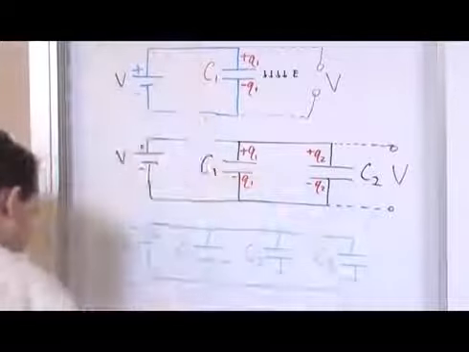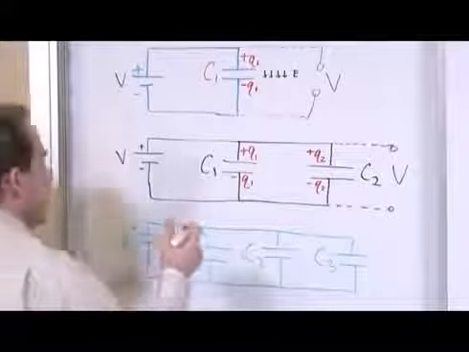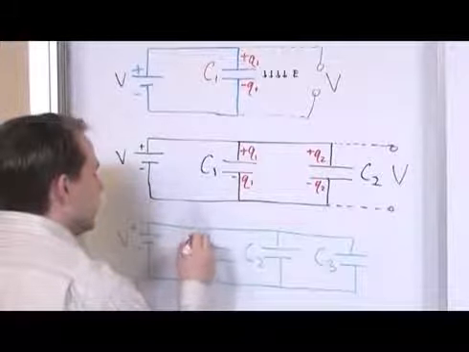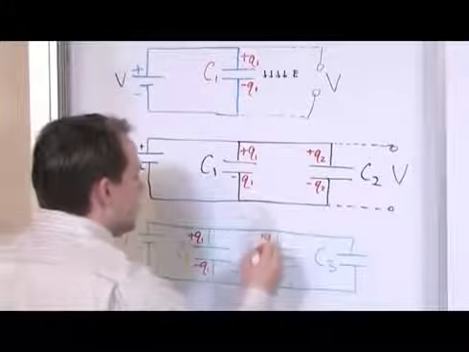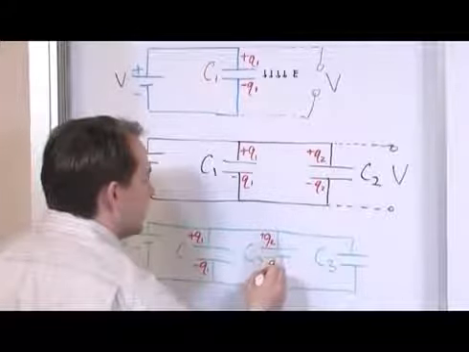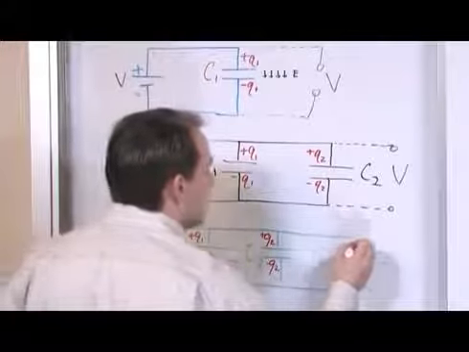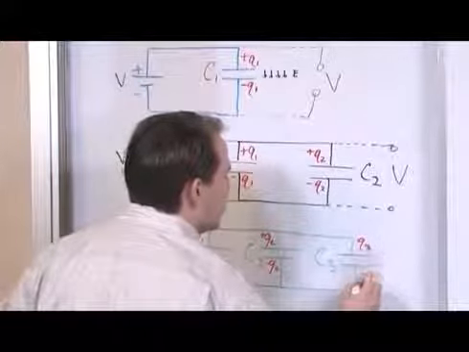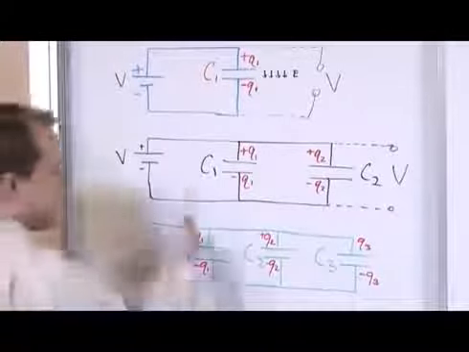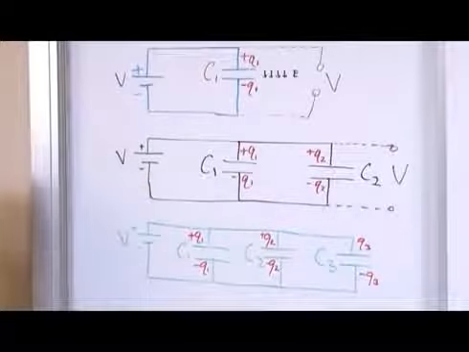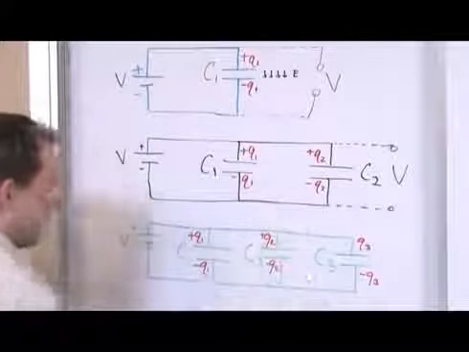Just to keep everybody happy, I'm going to label the same thing: Q1, negative Q1, Q2, negative Q2, and this will be Q3, negative Q3. So there are different charges piling up on the different capacitors, depending on the value of the capacitor.